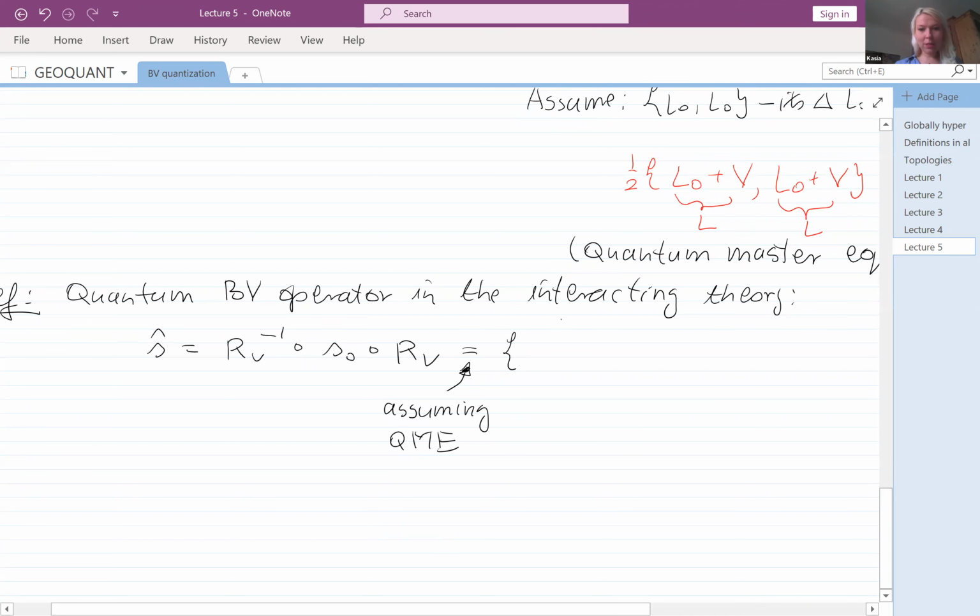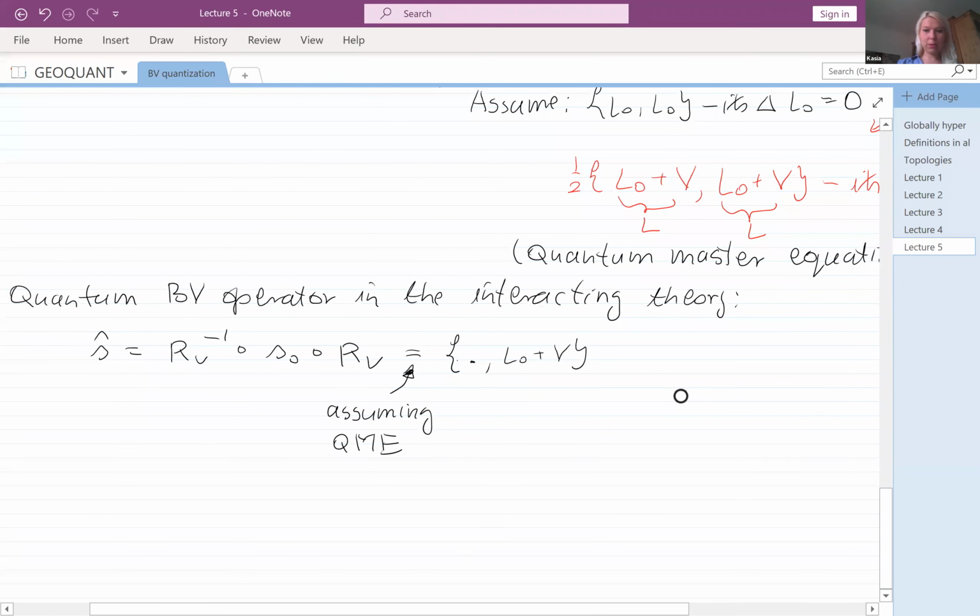Again, it's a computation, and we have one term, which is the bracket with the full action, in other words just the classical BV operator.